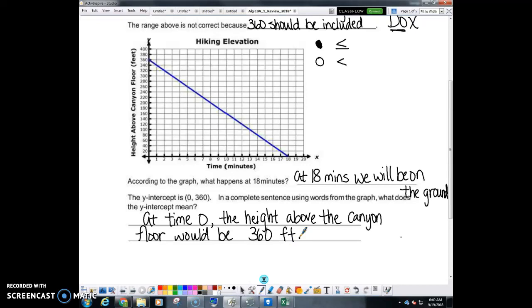At time 0, the height above the canyon floor would be 360 feet.